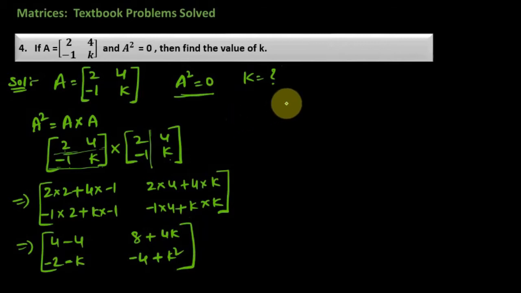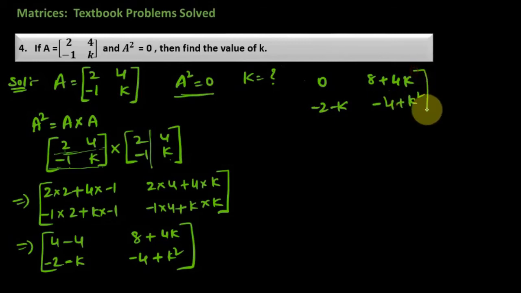So what is 4 minus 4? It is 0. Here I will get the same 8 plus 4K. Here it will be minus 2 minus K as it is, and here also minus 4 plus K square. So this is my final A square matrix value.